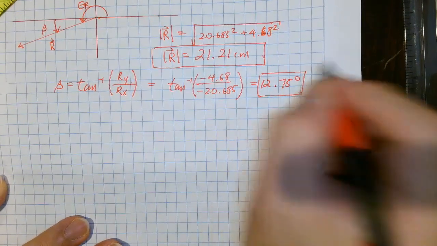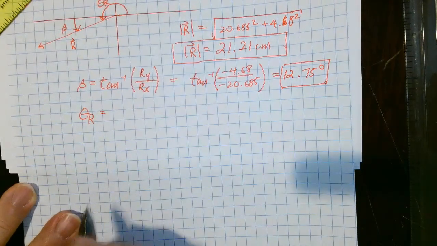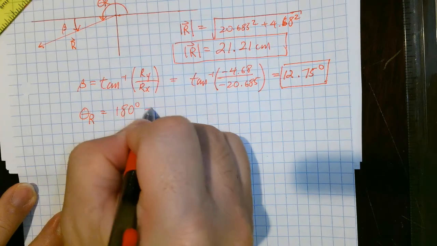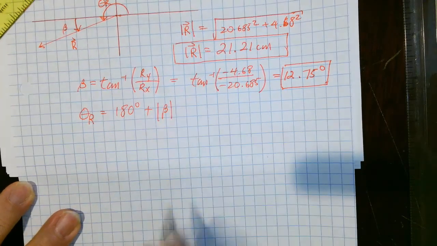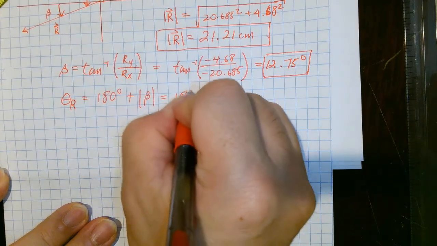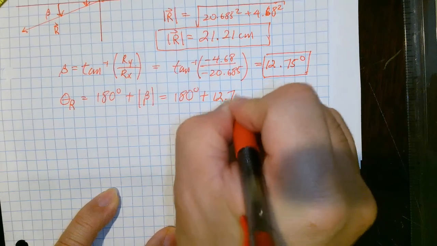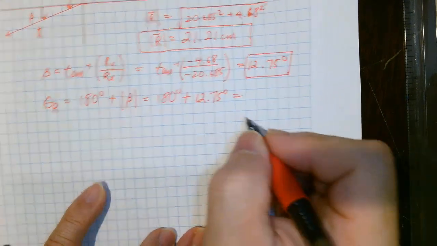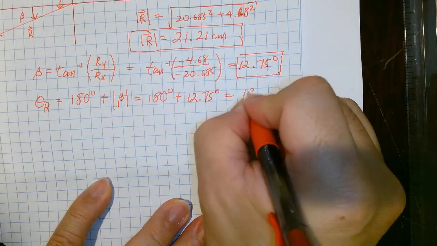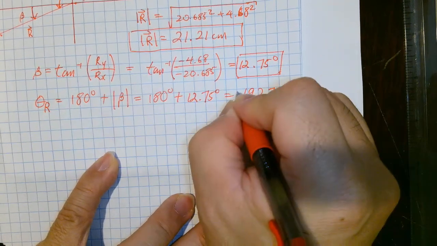So your theta, because it is in the third quadrant, is 180 plus the absolute value of your beta. Therefore, it is 180 plus 12.75 degrees, which comes out to 192.75 degrees.